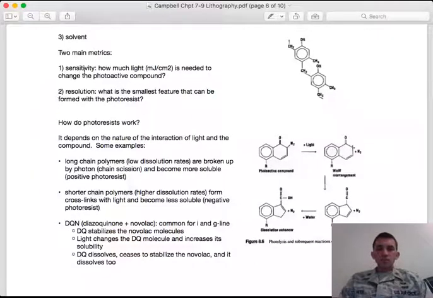This is generally very wavelength dependent, and that's desirable, because you would want your photoresist to be sensitive to, say, the UV photons, but not sensitive to visible light, that way you can have the lights on in your facility without worrying about curing your photoresist.